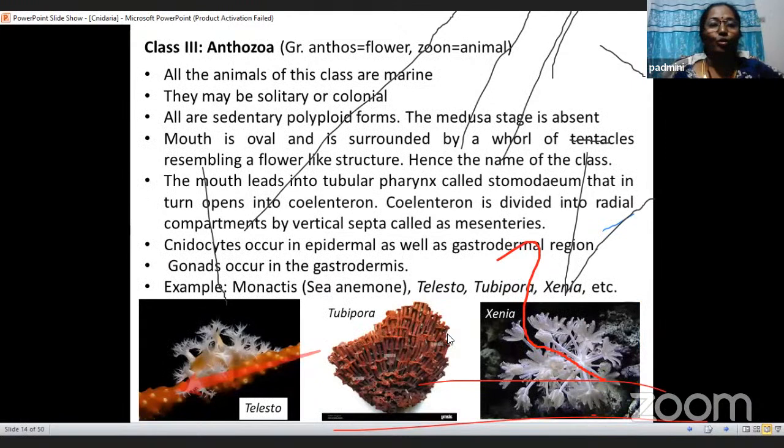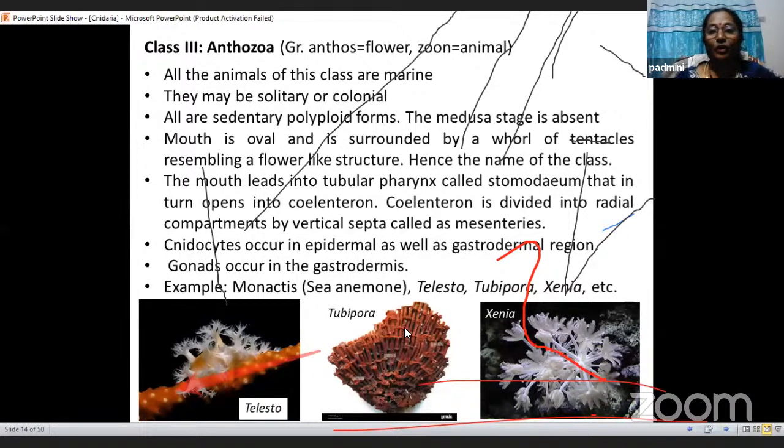Coming to Anthozoa. What are these anthozoans? They are marine, solitary, and colonial. I have also given the meaning of all these: hydrozoa, Scyphozoa, and anthozoa. They are sedentary, polypoid forms. Medusa stage is absent, so they don't have a Medusa stage over here.